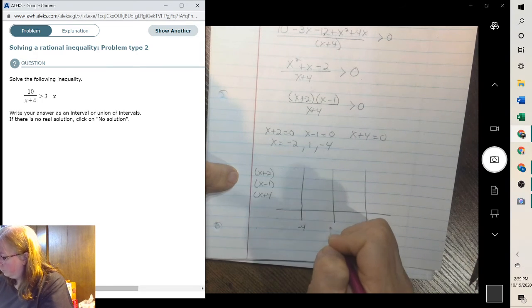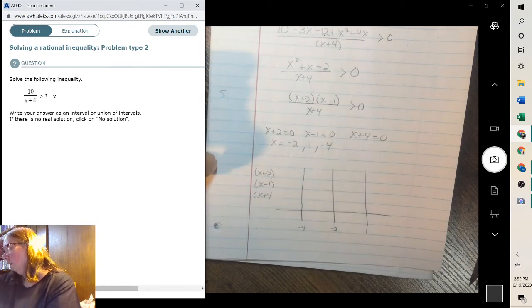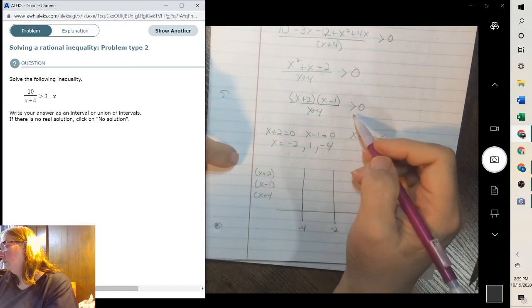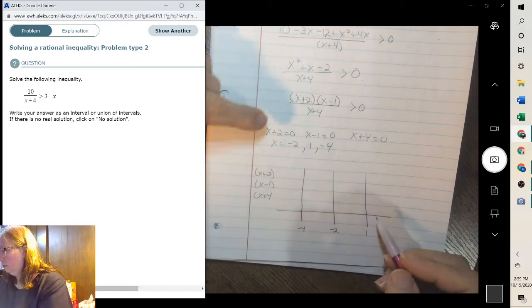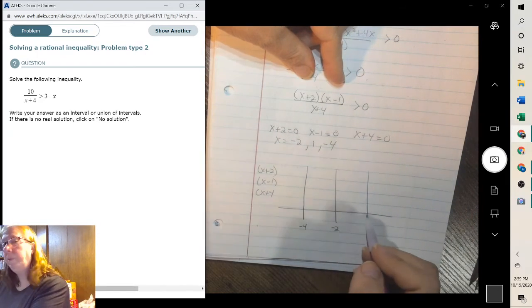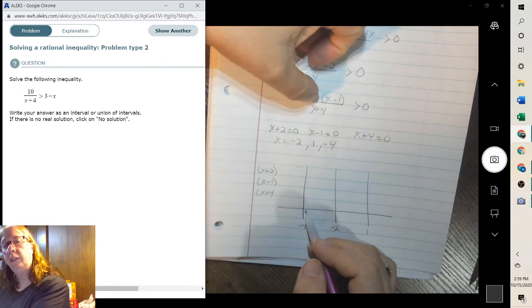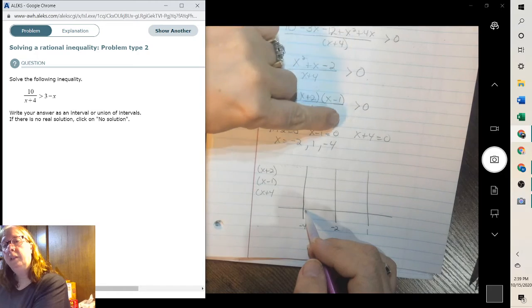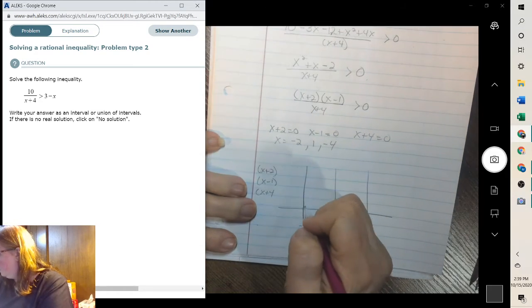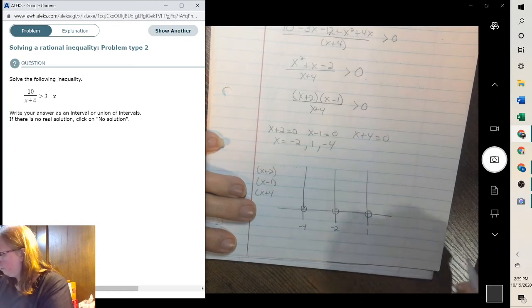Negative 4, negative 2, and 1. If this was equal to, then the top two, these two would be colored in. But this would still remain open because you can't have 0 in the denominator. In this case, equal to is not there, so all 3 are open.